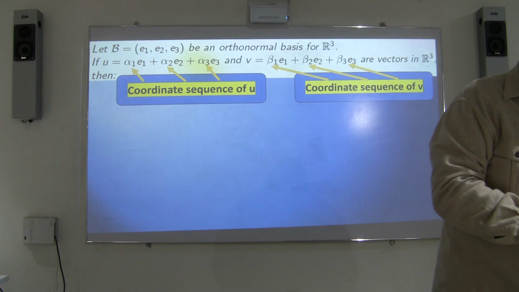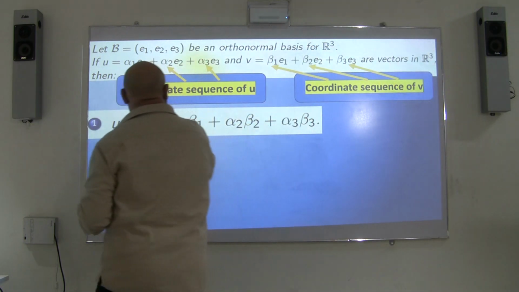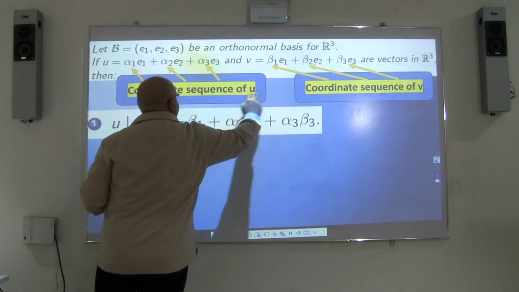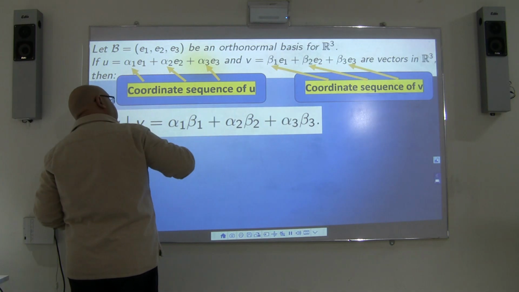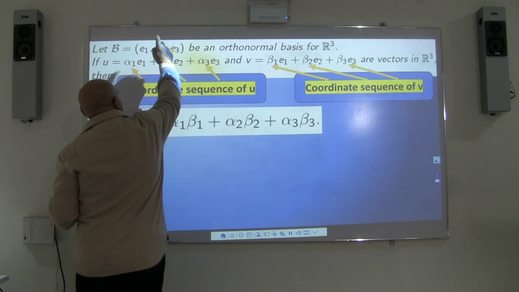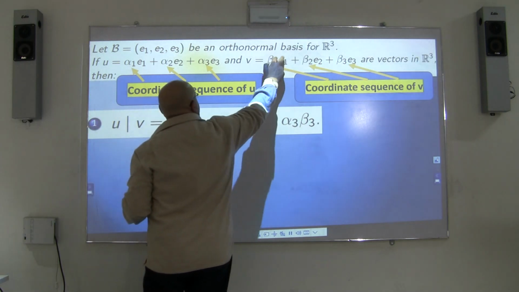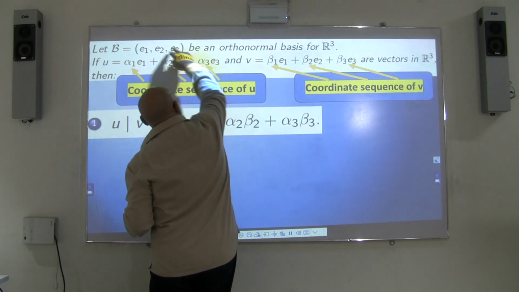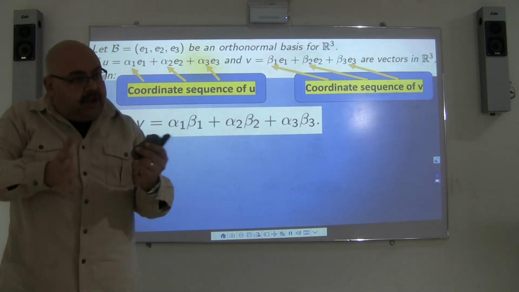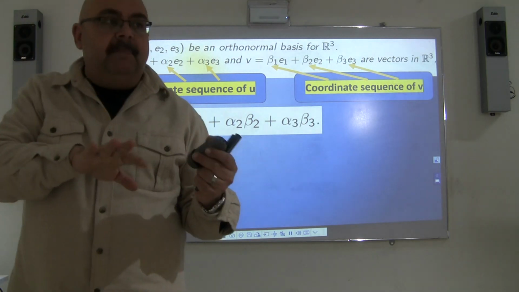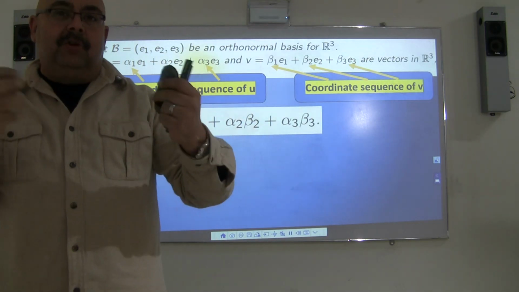This is why the vector by itself with its components is exactly like the coordinates in the canonical form. So if I'm multiplying these two vectors together, it is like multiplying the coordinates of this vector with respect to this basis times the coordinates of the other vector with respect to this basis. The inner product can be looked at as multiplying the coordinates by each other.